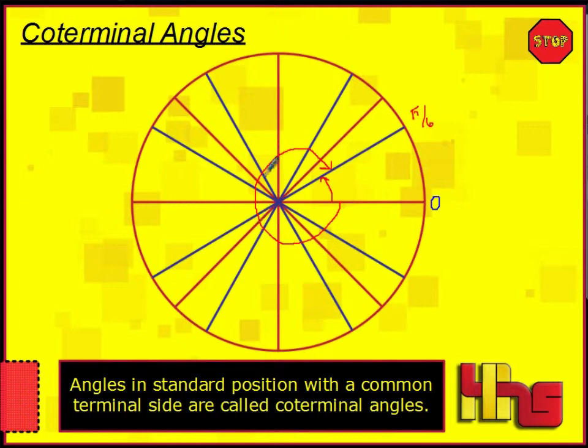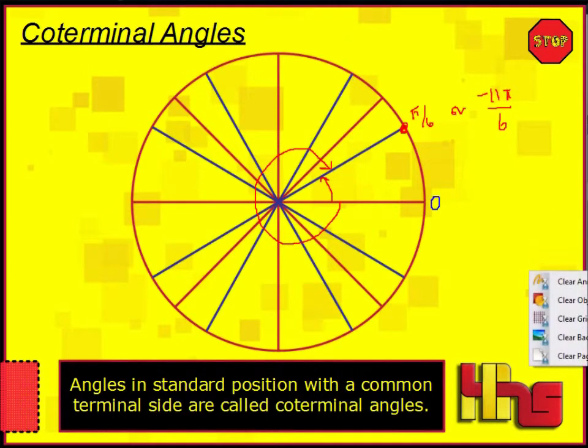Well, that angle is going to be negative. It's going to be negative 11 pi over 6. They have the same point that we'll associate with them on the unit circle, which will come in handy later, but they stop at the same terminal side. They have the same terminal side. So therefore, they're called coterminal angles.